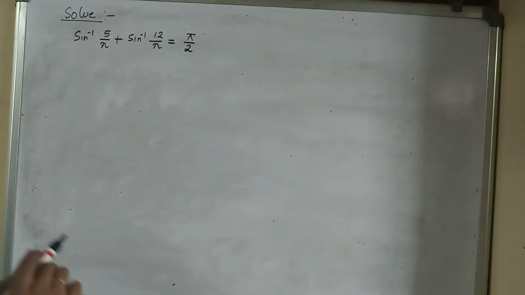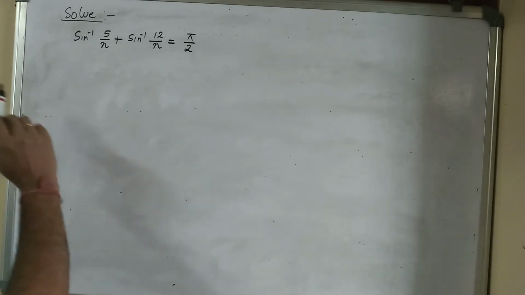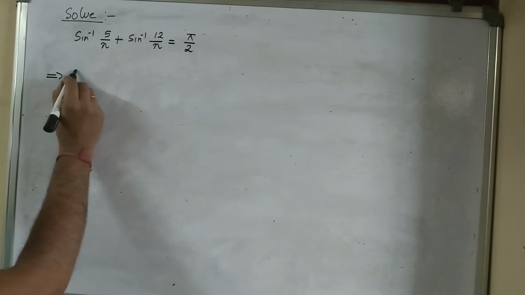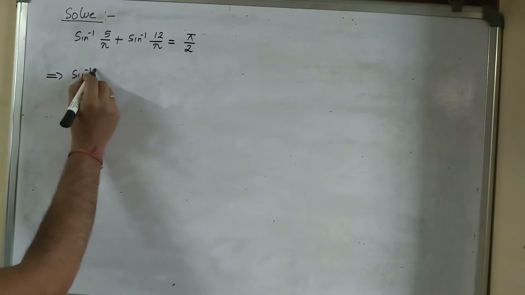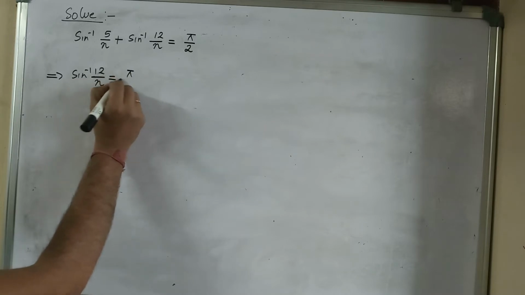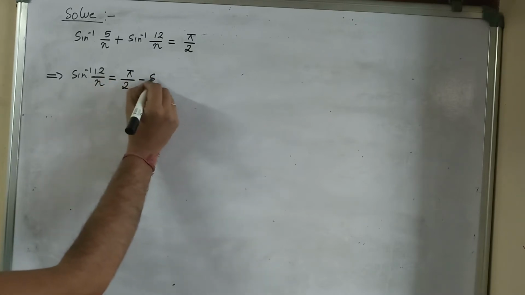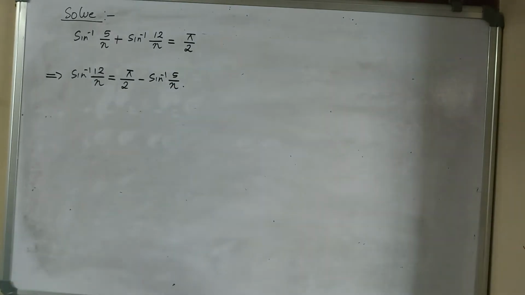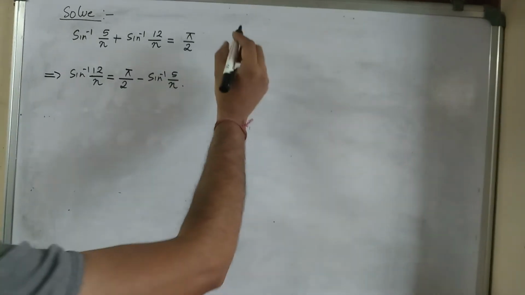So I'll use the property. I'll bring one quantity from left hand side to the right hand side, any one of the quantities that you have to bring. Sine inverse 12 over x equals to, I'll write, pi by 2 minus sine inverse 5 by x. Now in this case I'll use this property.